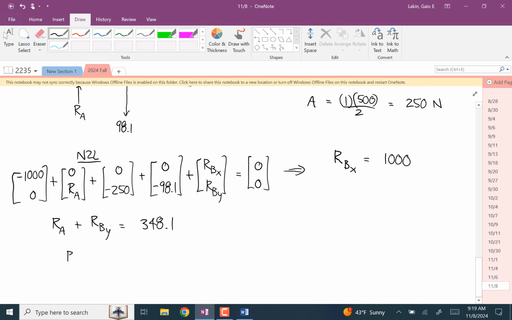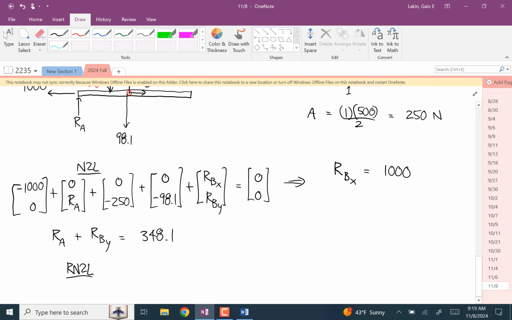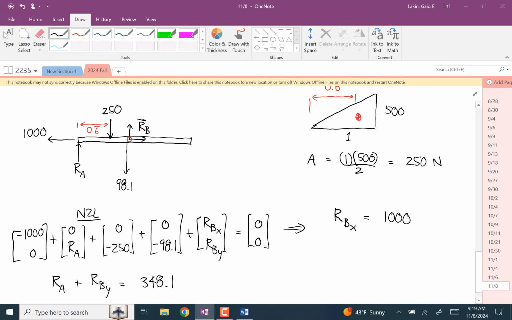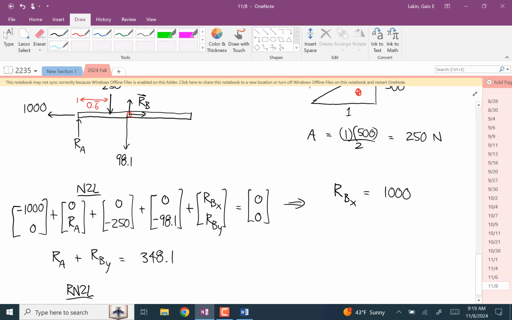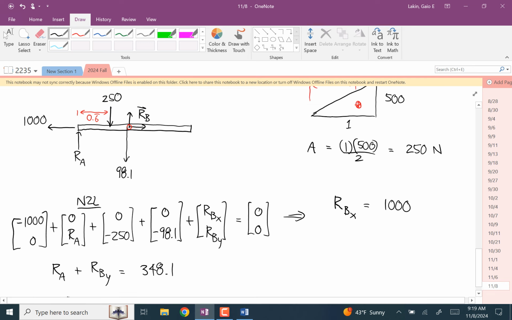And then the moment equation with my about point at the center. The 1,000, does that produce a moment? No, on these horizontal beams, it's only the vertical components of stuff. RA, what's the moment arm of RA?